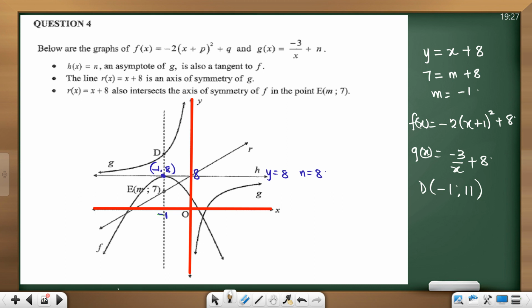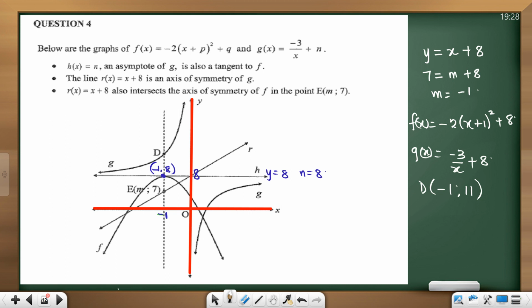Done? It's a hyperbola. So what are we saying? X is an element of real numbers, but X cannot be equal to what?